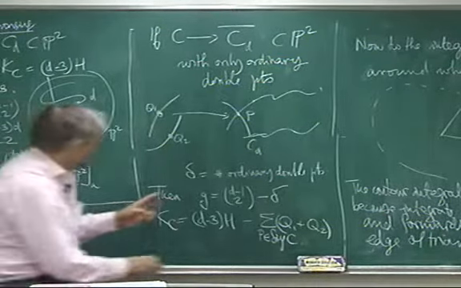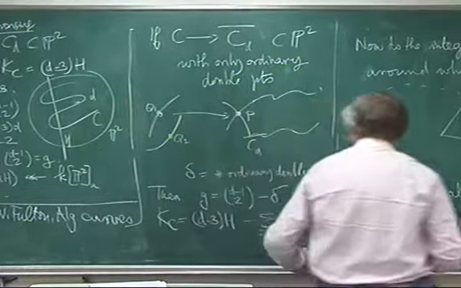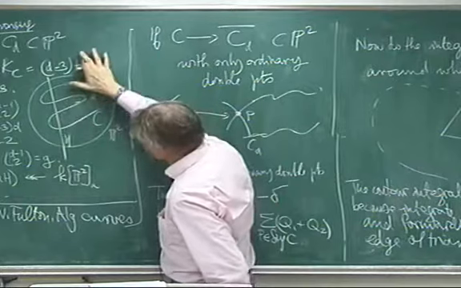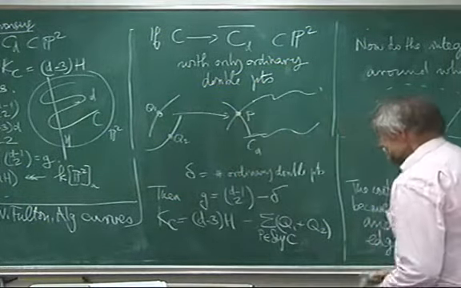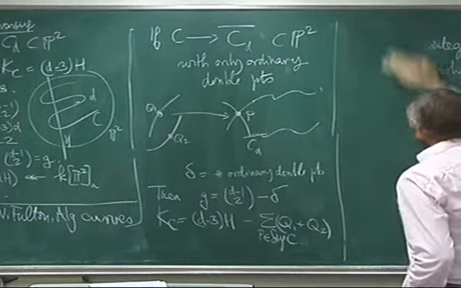So I'm changing the rule here. The rule is we take D minus 3 times the hyperplane section, just as if it were a non-singular curve, and then we subtract off a little contribution for each of these singularities. Okay?